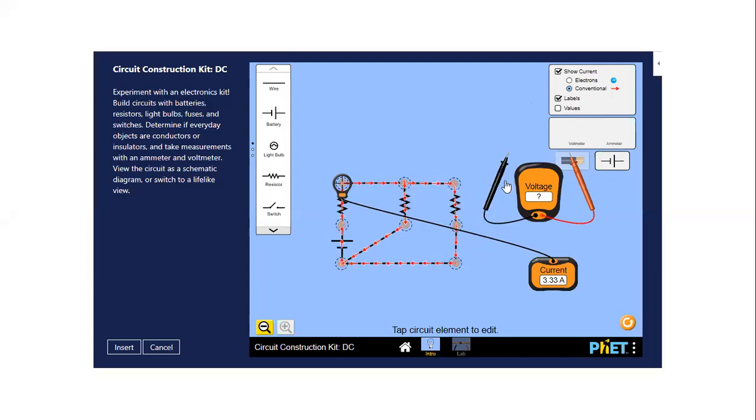If you have a facility, see the voltage across this resistance. I'll take this aside so that we'll be able to understand this. See, 3.33 volt, right? And this end is positive. If I connect this over here and this one over here.